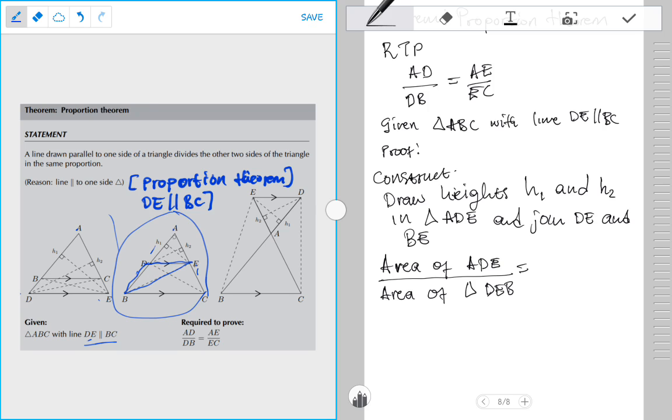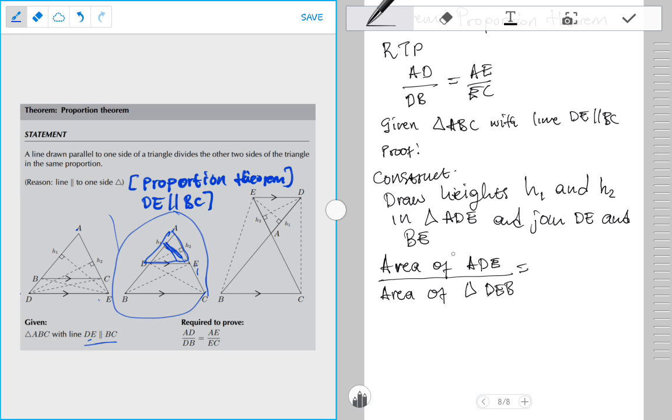So we are checking these two because they have the same height. The height of this triangle is that one, and the height of ADE is this one.